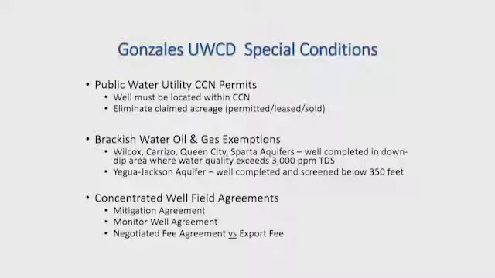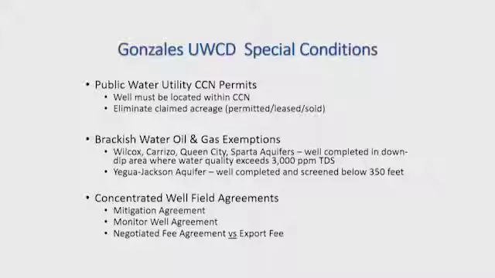On the public water utility CCN permits, we allow the Gonzales County Water Supply Corporation to use their CCN as their permitted water rights, because we look at it as them trading water supply for those water rights. They're providing a service to the people that they're pulling that water from. So it's a trade-off. But then again, some people want to use their water rights differently.